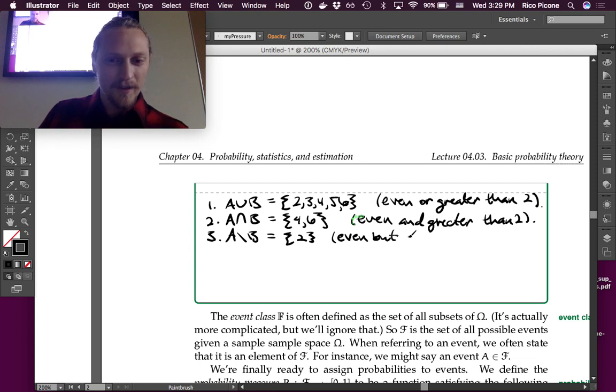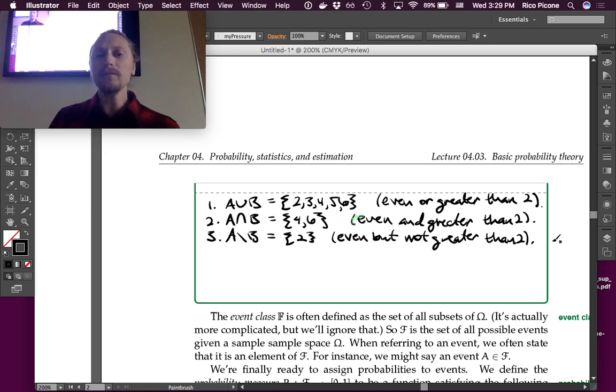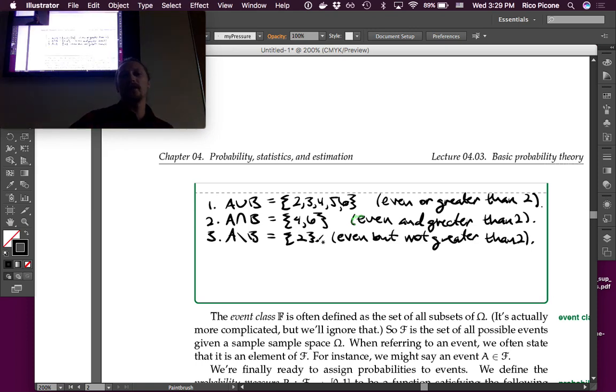Even but greater than, or no, even but not greater than 2. Can we just say just equal to 2? Yeah, so it's just 2. But the reason I say but not greater than 2 is you take A and then you subtract everything that's greater than 2.